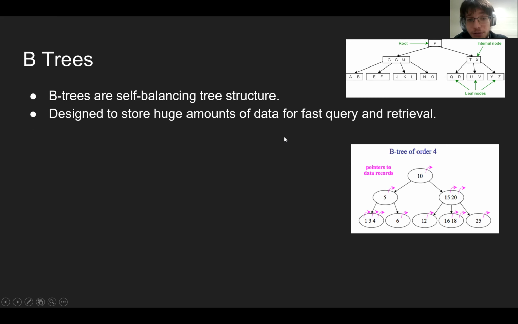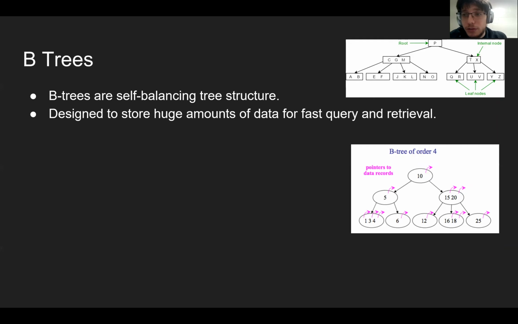B trees are designed to store huge amounts of data for fast query and retrieval. A lot of times you need to get things from memory, let's say an array. It doesn't make sense to just get one element from the array, because if you're accessing one element, it's likely you're accessing the one next to it, for example.